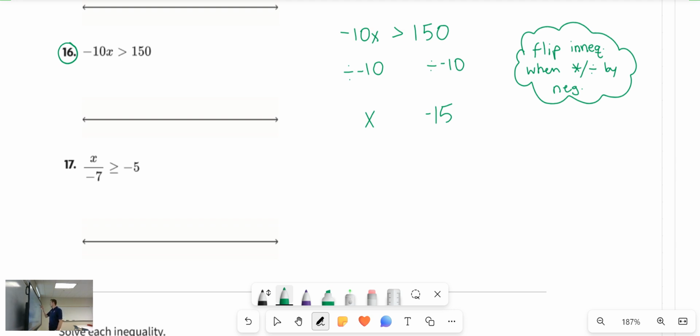As soon as we do this, this inequality flips from greater than to less than, and that is our solution. So x is less than negative 15.